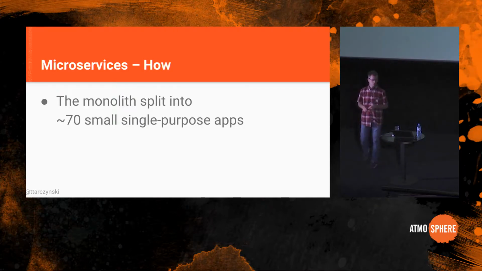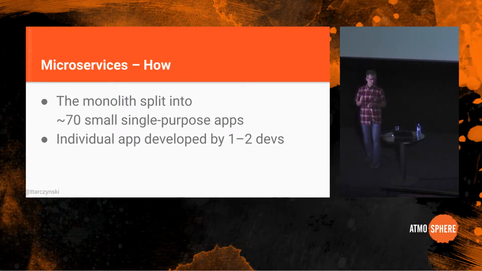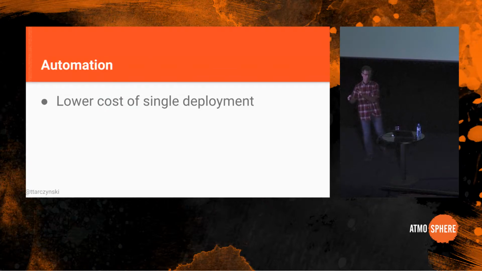We split our one big monolith into many single-purpose applications. Currently, we've got around 70 of those. Each of those applications is now developed by only 1 or 2 developers. They can focus on one thing. And the size of each microservice is such that it's easily understandable for one person, and it's easy to understand the whole code that's there.